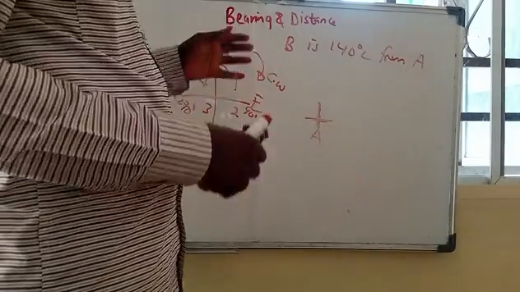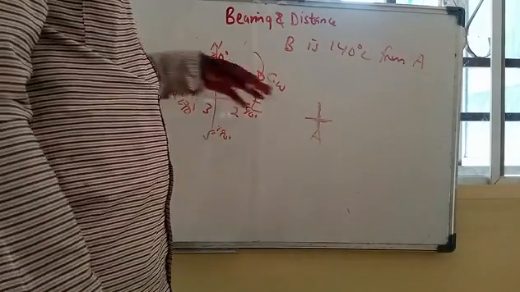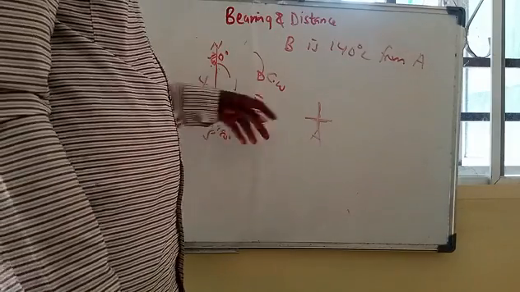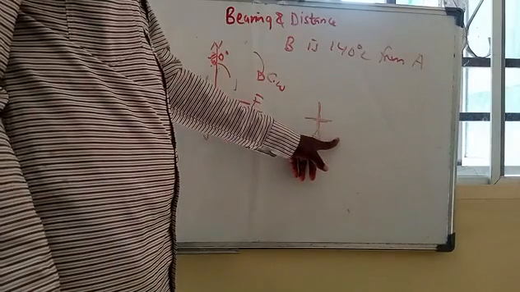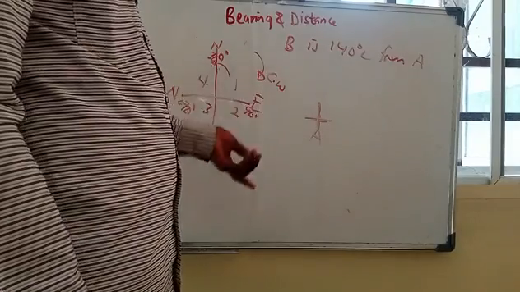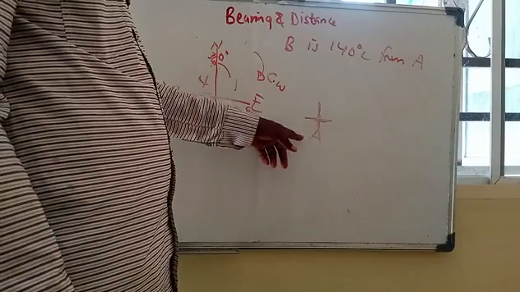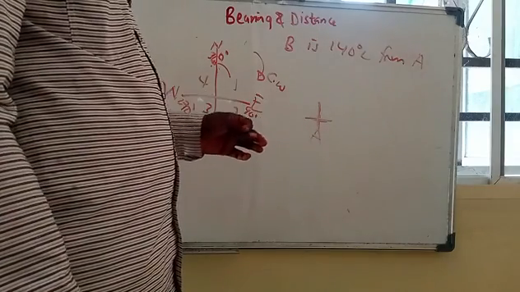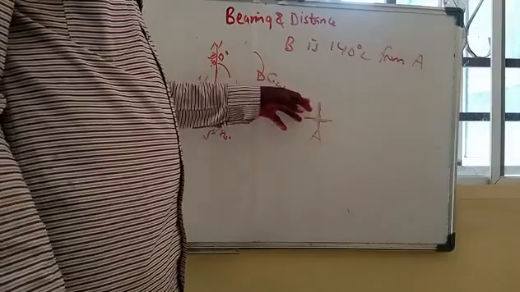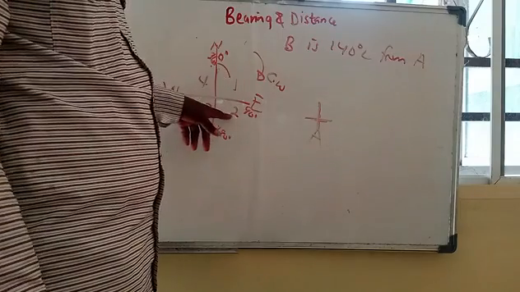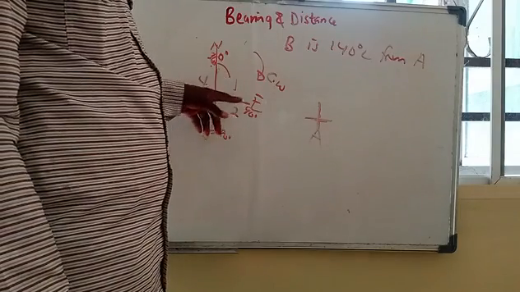Angles between 0 and 90 will be located here. An angle greater than 90 but less than 180 will be located around here. Similarly, an angle greater than 180 but less than 270 will be in the third quadrant. Then the fourth quadrant, angles greater than 270 but less than 360. So this angle 140 will be found in the second quadrant.